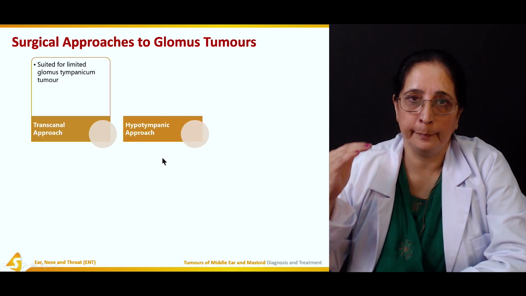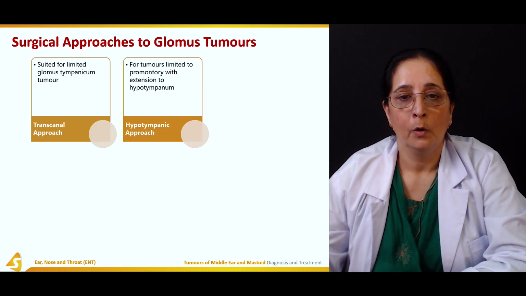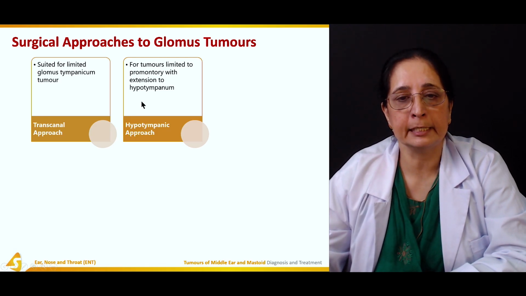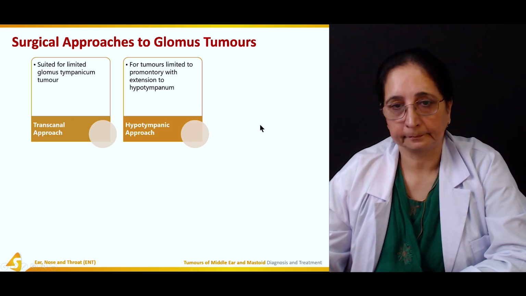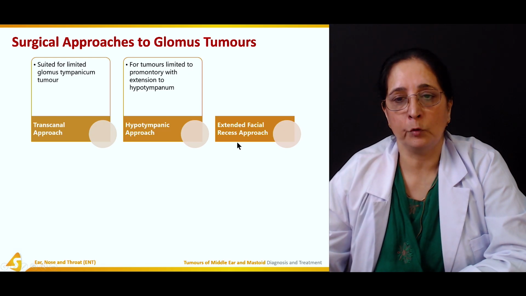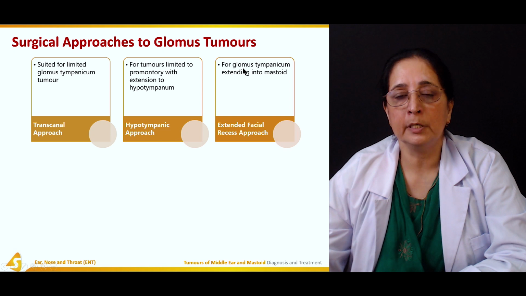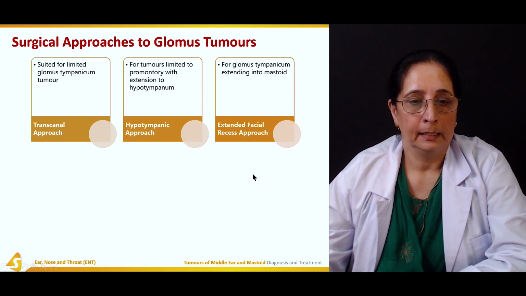Hypotympanic approach, below the tympanic approach. Hypo means below. For tumors limited to the promontory with extension to the hypotympanum. Extended facial recess approach. This is for the tumors of glomus tympanicum extending into the mastoid.